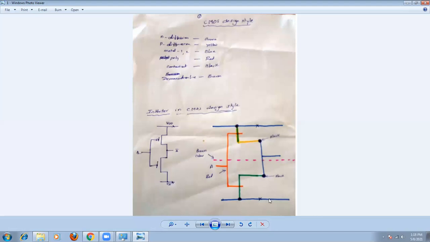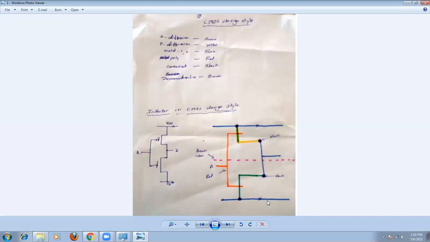That means if the number of transistors used is below 4, then we can use only one cross here and one cross here. But if the number of transistors in the pull down region is, for example, 5, then you can use 2 crosses because 5 is greater than 4 and less than 8.